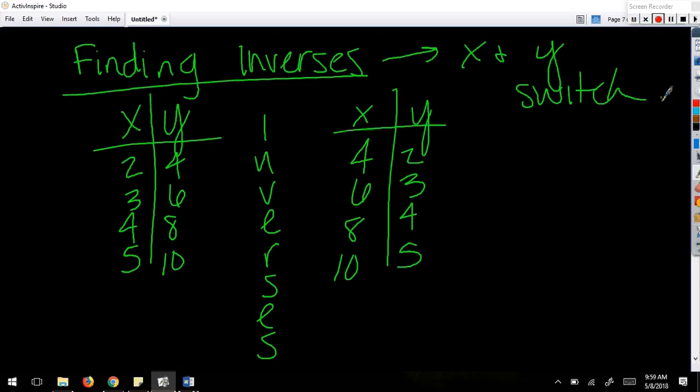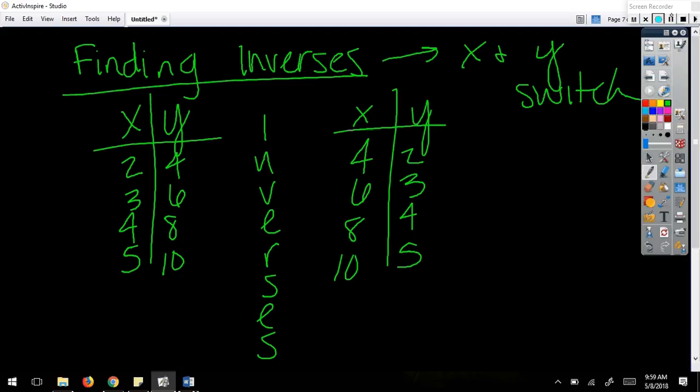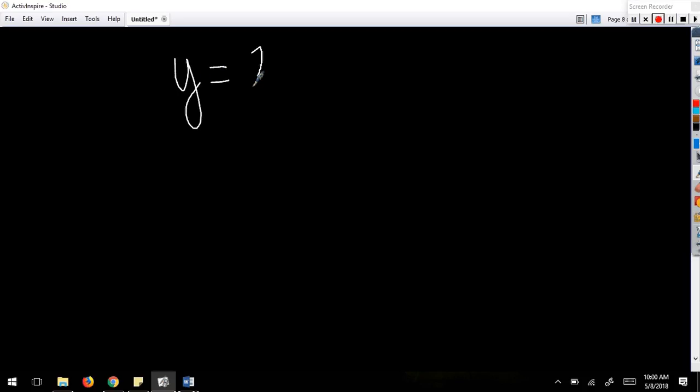So, let's look at an equation. Let's say I gave you this equation, and I said find the inverse of that equation. Here's what we're going to do. Cheyenne, this is for you.